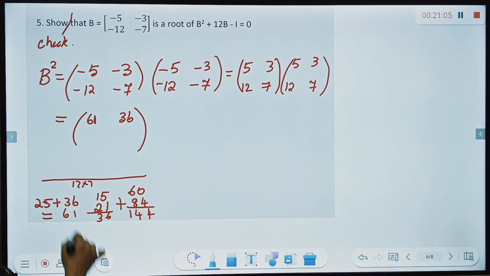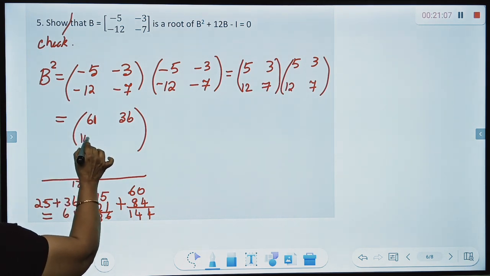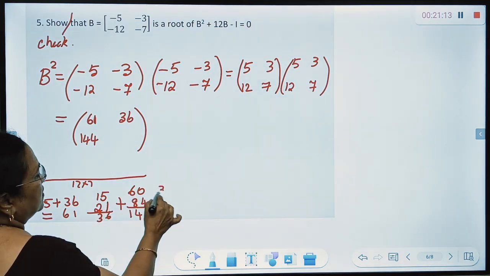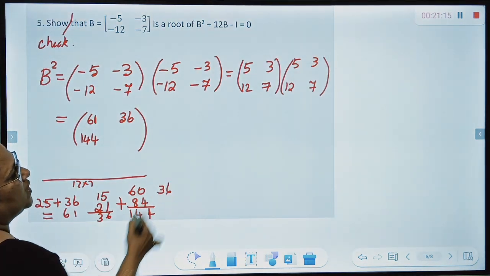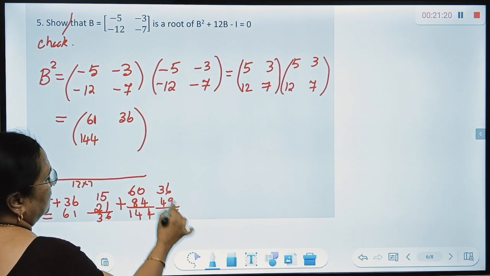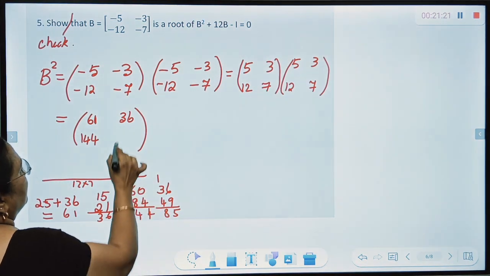So this is 144. Then second row, second column: 3 into 12 is 36, plus 49, which is 85.